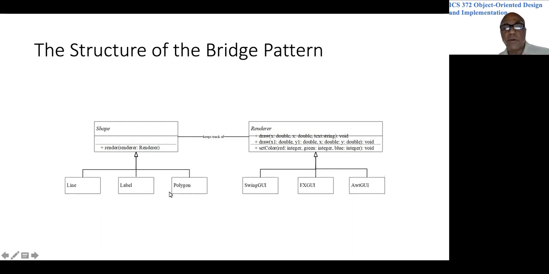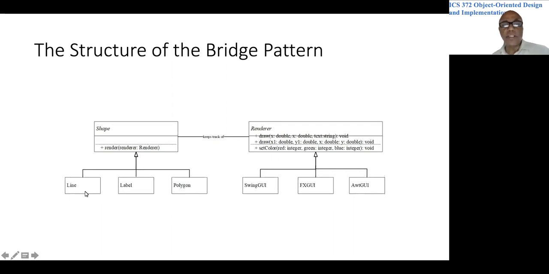The render method for polygon would be in a loop, going through each vertex. And for each line that connects that vertex to the next one, it will call this method of the renderer object. So it would have renderer.draw and pass the x and y coordinates of the two vertices.